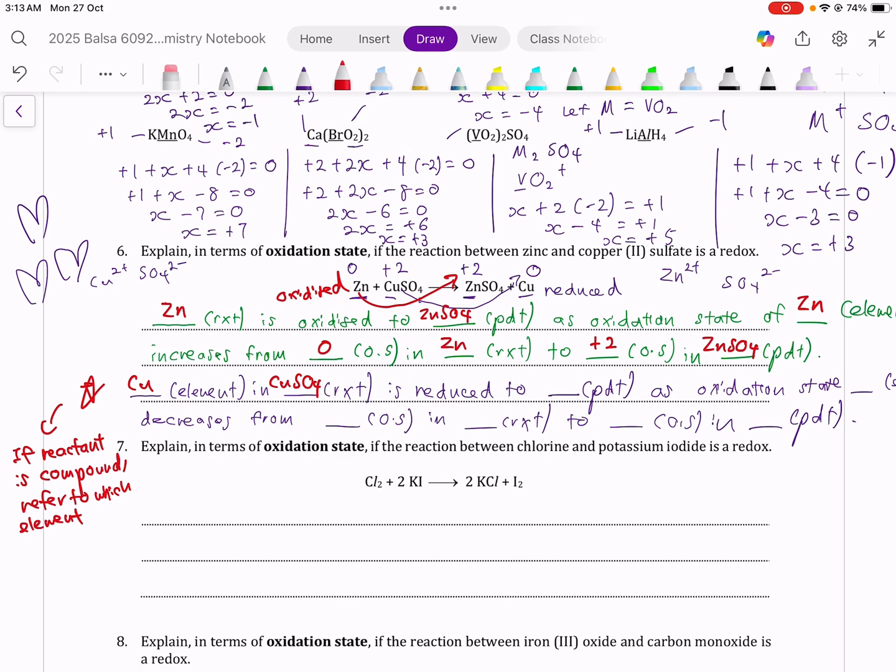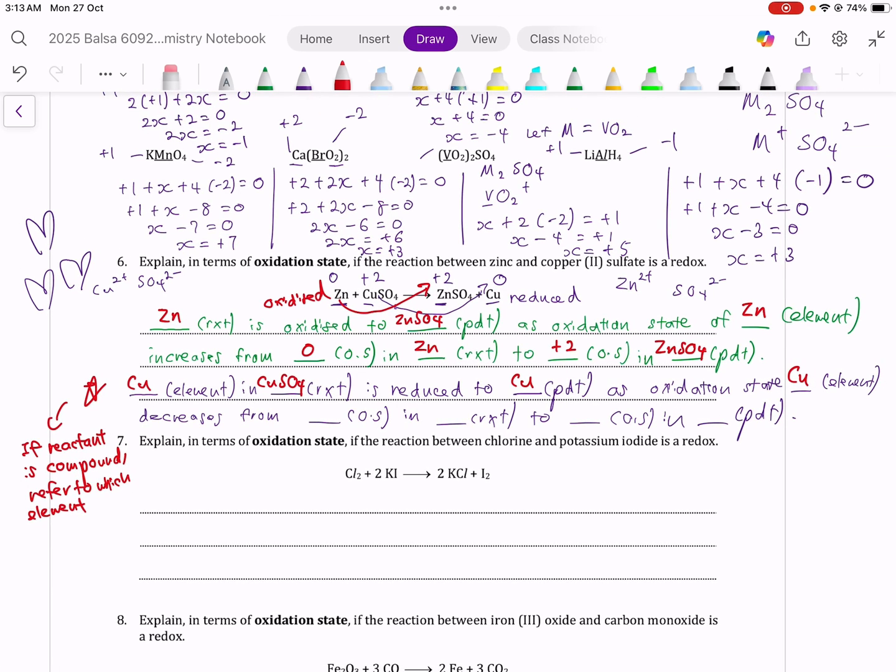Alright, next thing is reduce: Cu in CuSO4 is reduced to Cu, as oxidation state of Cu, the element, put in the chemical symbol of the element, decreases from +2 in CuSO4 to 0 in Cu. Wait, I put it wrongly.